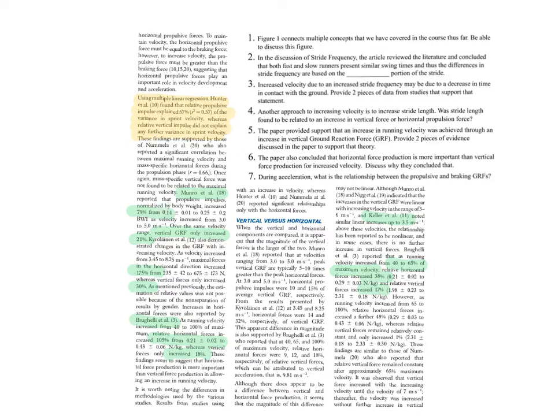Let me change colors. And then when we went from 65 to 100% of max velocity, the horizontal forces increased again by 48%, but there was only a 1% increase in vertical forces as velocity increased. So in general, horizontal changed more with faster velocities, and at really fast velocities approaching max, horizontal was a big contributor.